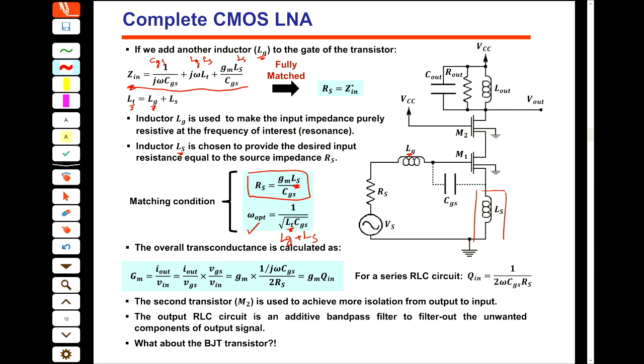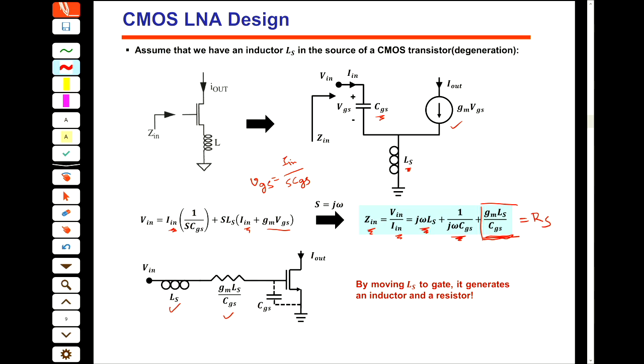So if we look at this circuit here, we see that we have an R, L, and C in series. And I just mentioned at the beginning of this session that the Q for RLC in series equals 1 over omega RC. Okay?